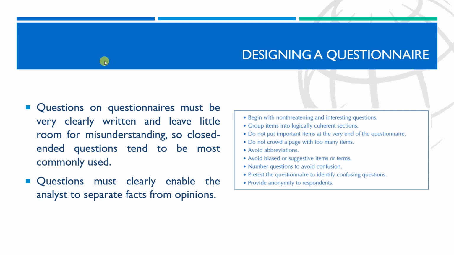Questions most clearly enable the analyst to separate facts from opinions. An opinion question often asks respondents the extent to which they agree or disagree, whereas factual questions seek more precise values.